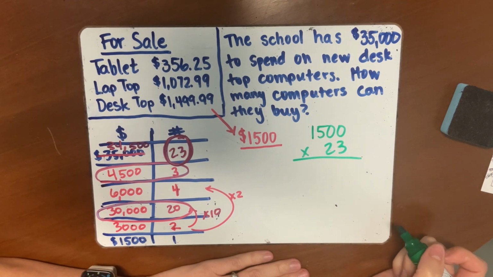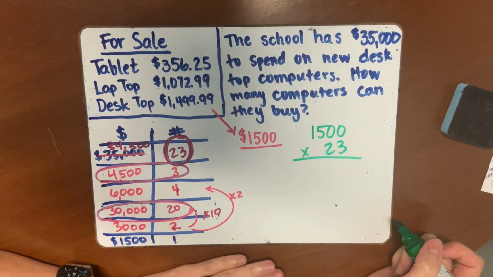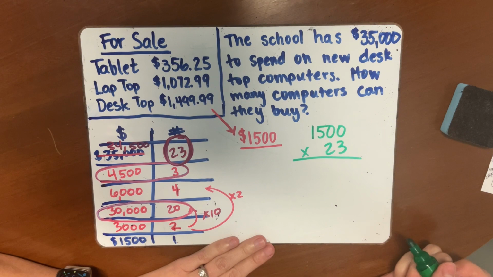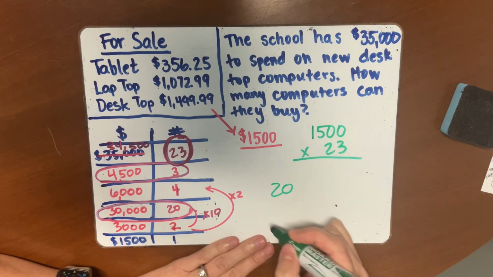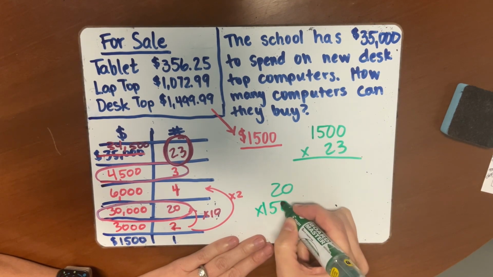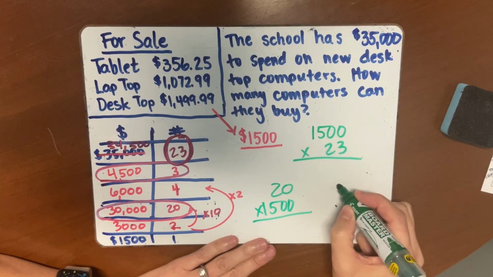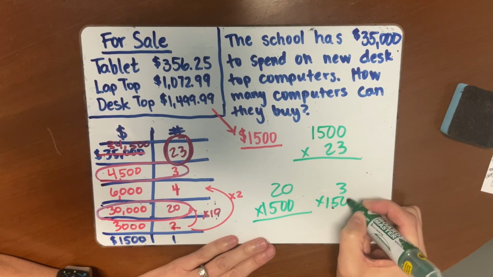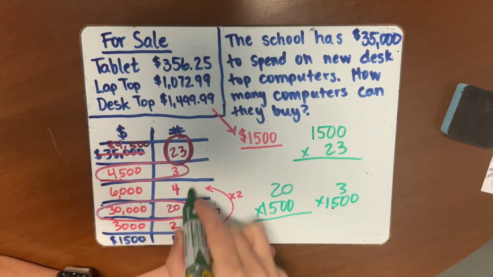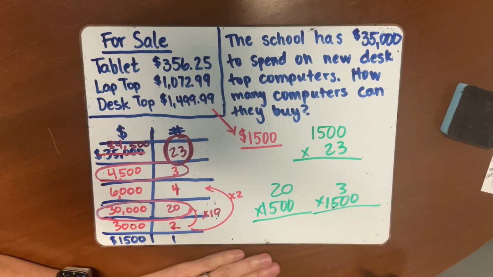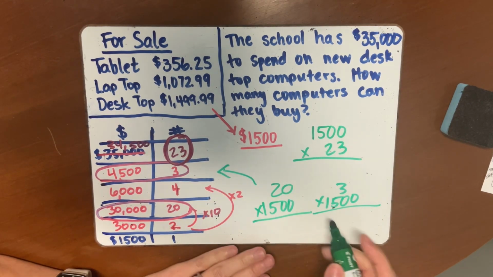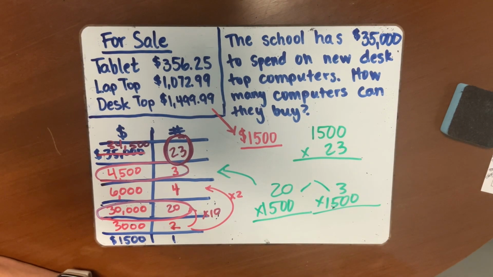That'd be a pretty efficient check. What's another way I could possibly check? I could even divide it. I could say 20 times 1,500 and 3 times 1,500. Hey, I've already done some work over here. That's so easy. I can connect that to that, and putting those together might be a way to check.